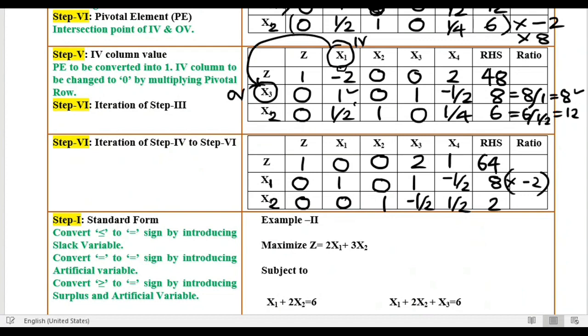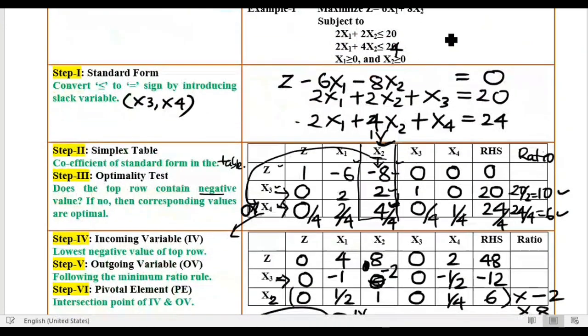Hence we'll say that z is equal to 64, x1 equal to 8 and x2 equal to 2. If we put the values over here, 6 multiplied with 8 plus 8 multiplied with 2 becomes 64.